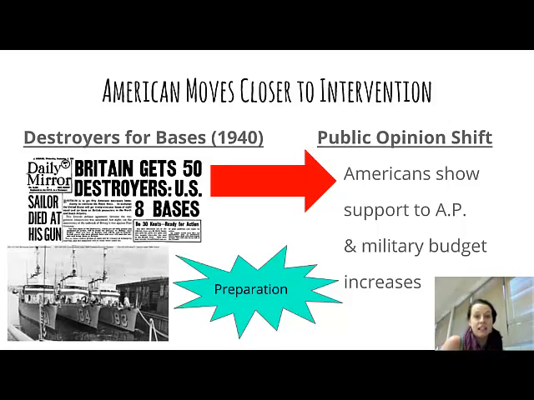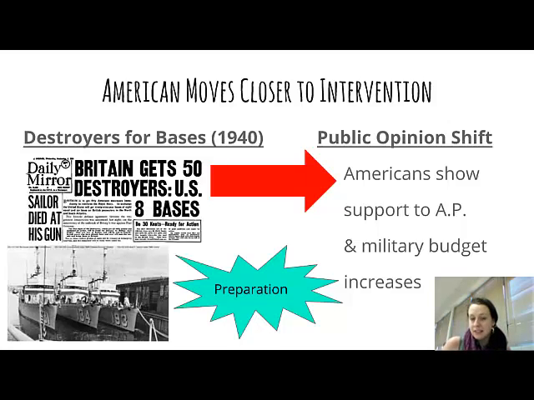And in exchange for that, the United States would be able to receive 8 military bases that were previously under the ownership of Great Britain. Now, this actually did not violate the Neutrality Act because nothing was being bought or sold. It was a trade. So that's how the United States actually got around the Neutrality Acts to make this happen.